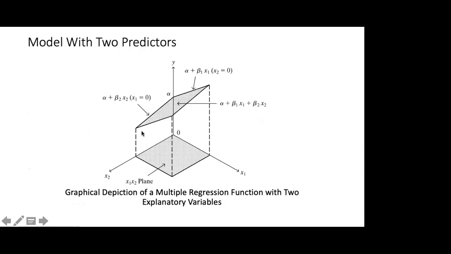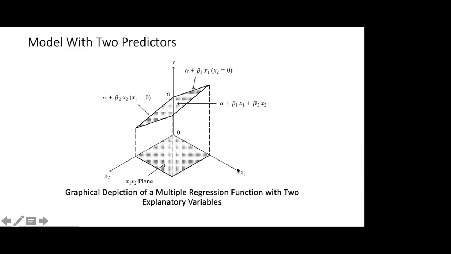Okay, so here we have a visual illustration of this regression hyperplane for two predictors. So now we have a three-dimensional space, right? Here, that is our outcome variable, the y axis. And then we have two x-axes, right?